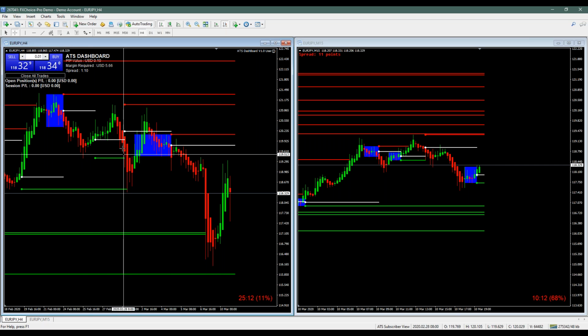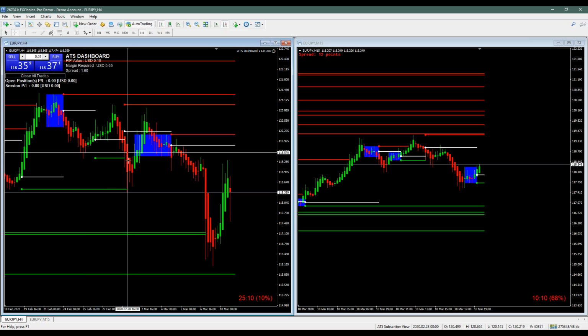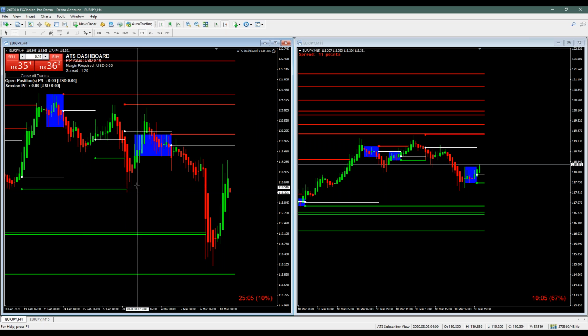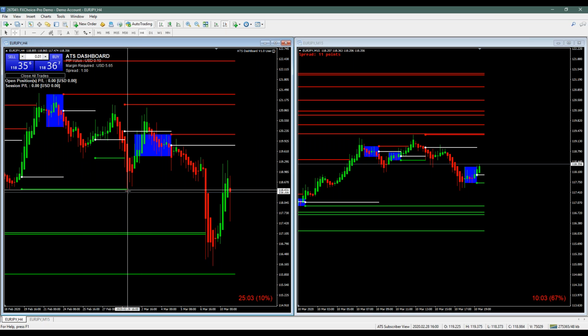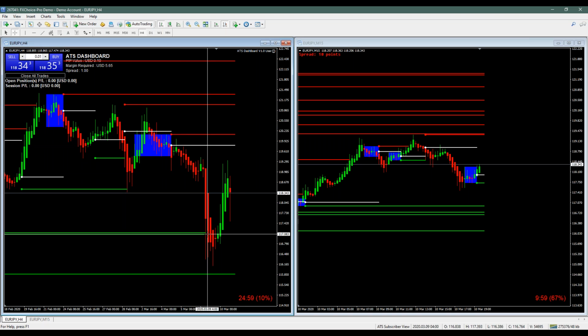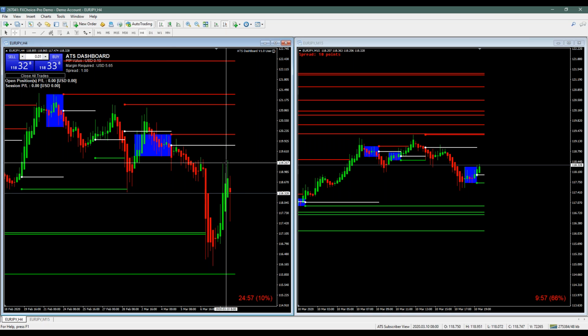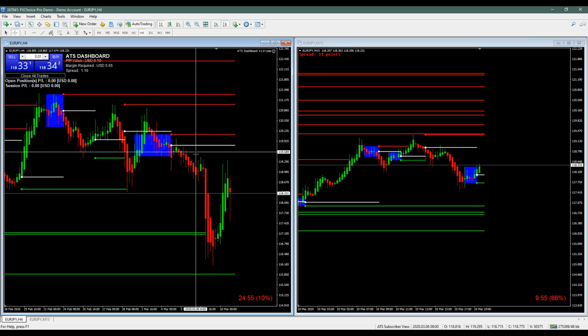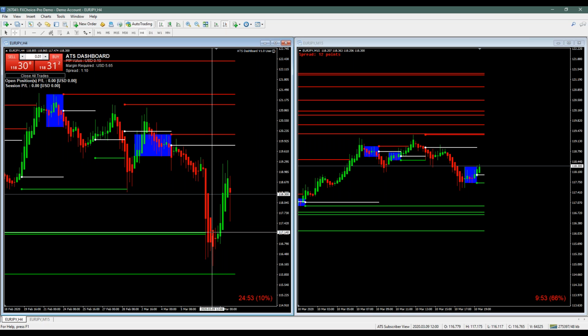A few examples of that back here: we had this big short move and it took out this liquidity and then moved the other direction. So that answers why the move happened in the first place. On this trade here, it took out this chunk of liquidity, and now it's going the opposite direction. The only reason it pushed down was to take out that liquidity.